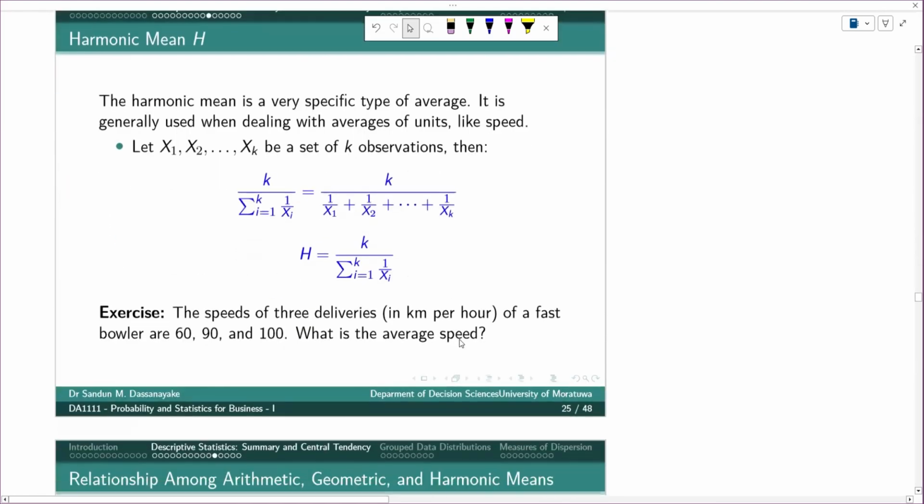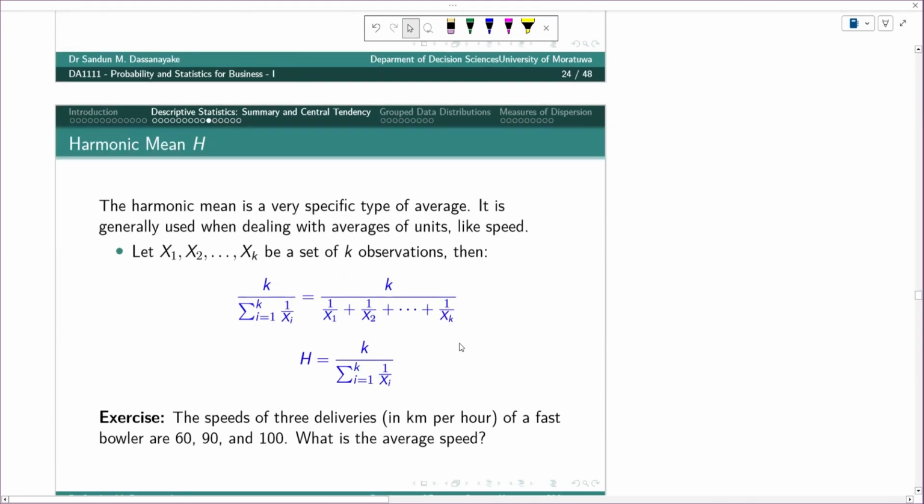Then you have something called the harmonic mean. The harmonic mean is a very specific type of average. It is generally used when dealing with averages of units, like speed, when you have some unit like per meter, per second, per kilometer. Let x1 to xk be a set of k observations, then k divided by the sigma of the inverses of these is equal to the harmonic mean.